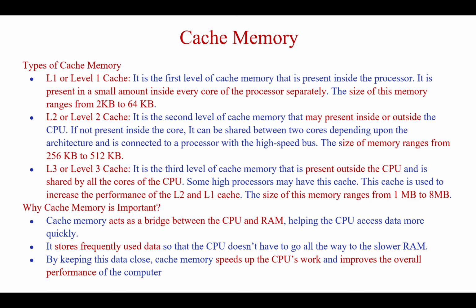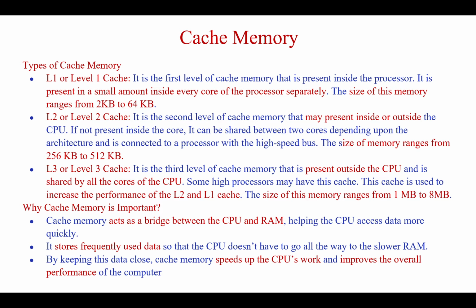The next one is L3, or level 3 cache. It is larger than the previous two and slower, often shared among multiple cores. The size may be 1 MB to 8 MB. So what is the need for cache memory? What is the importance of having it?